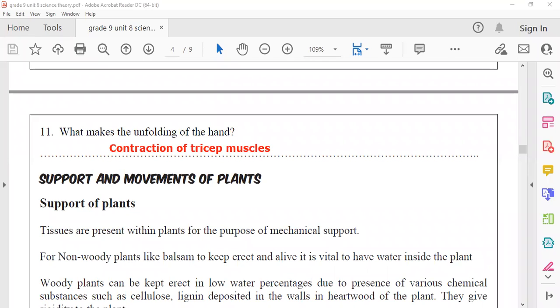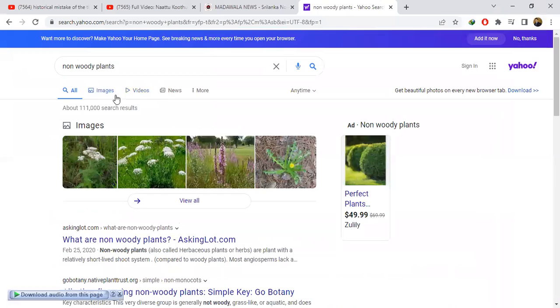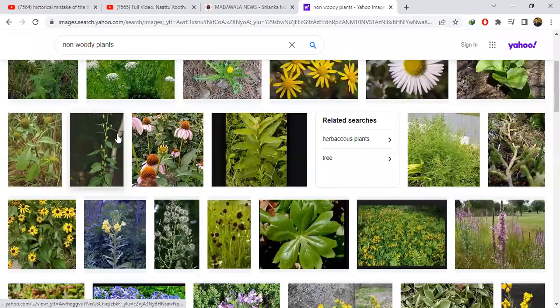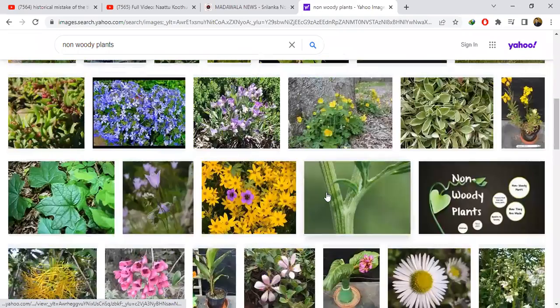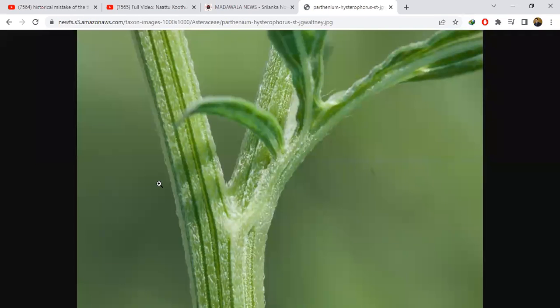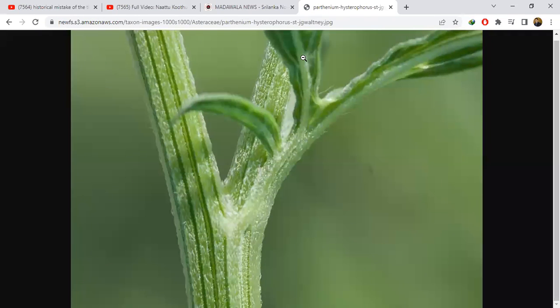In the plants, there are two types of plants. One we call woody plants, the other one we call non-woody plants. If you look at the stem of a non-woody plant, it will be like this. That means it is a fleshy stem.